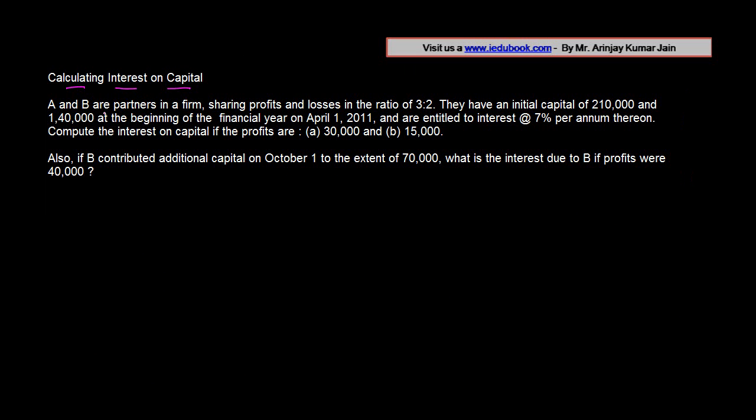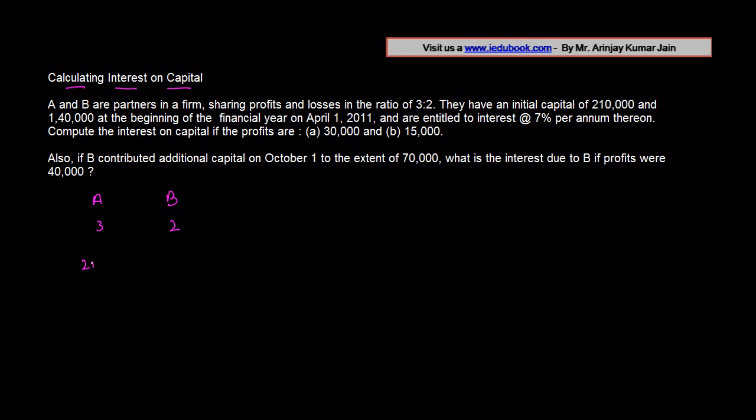A and B are partners in a firm. So you have two partners, A and B, sharing profits and losses in the ratio of 3:2, right? They have an initial capital of 210,000 and 140,000 at the beginning of the financial year on April 1, 2011.